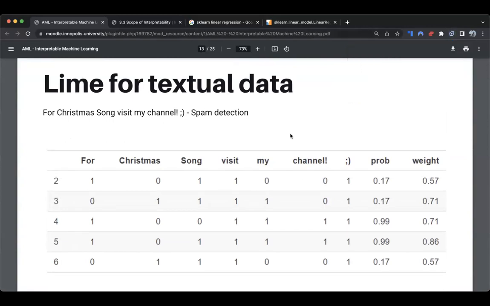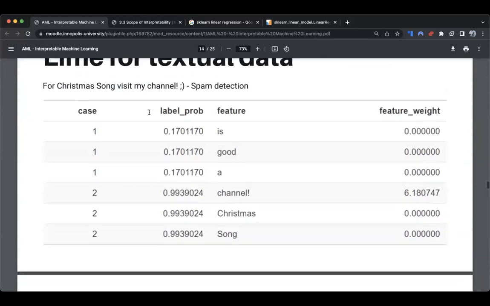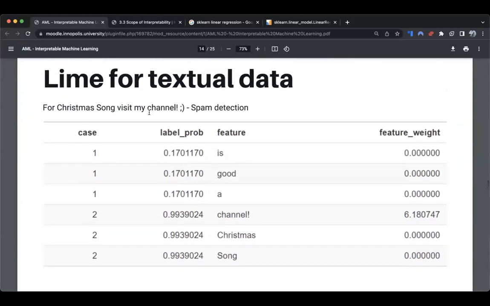So this allows you to understand why the model predicted this as spam, right? This sentence was predicted as spam. And after doing LIME, creating this binary data set, building a linear model on that and interpreting the feature weights, we discovered that the word channel is highly important for the model to say that this is spam. So this is LIME for textual data sets.